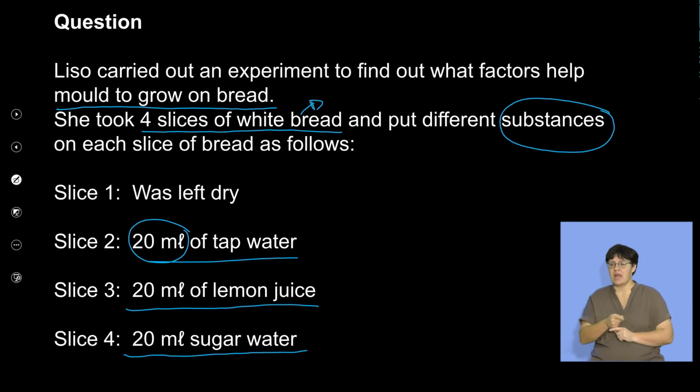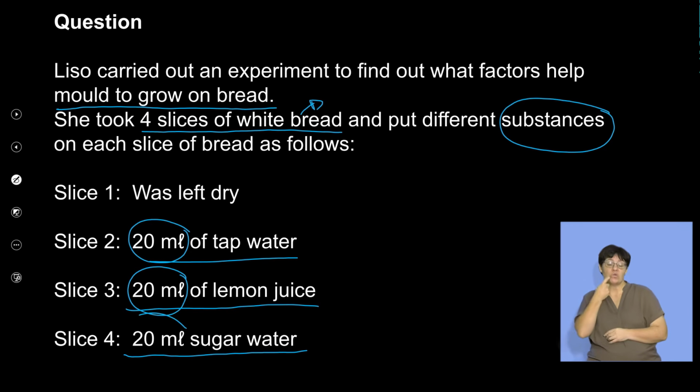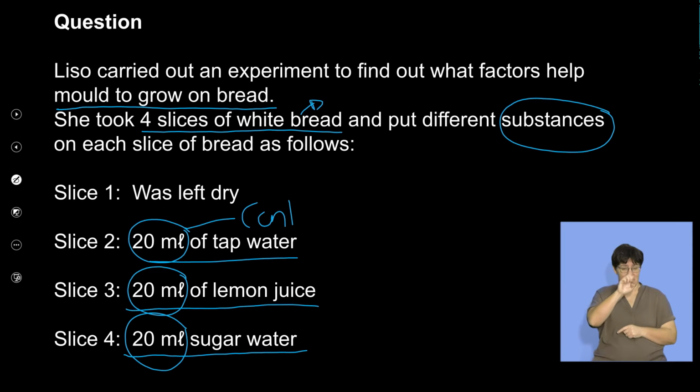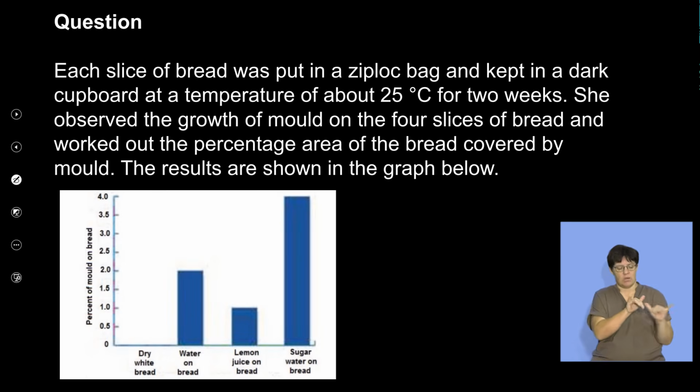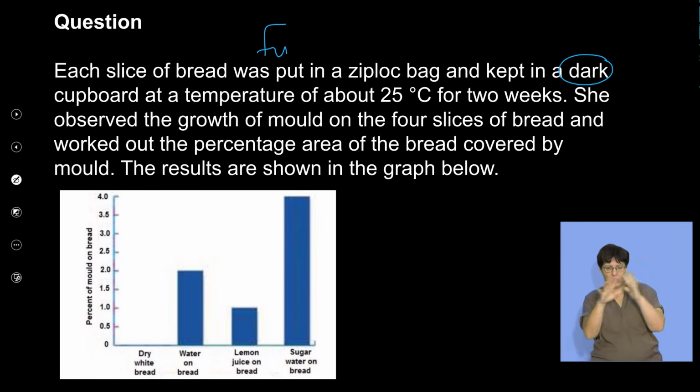Guys, I hope you notice she used the same amount. Controlled variable. Fixed so that you make sure that it's reliable. Each slice of bread was put in a Ziploc bag and kept in a dark cupboard. So remember, mold is fungus.